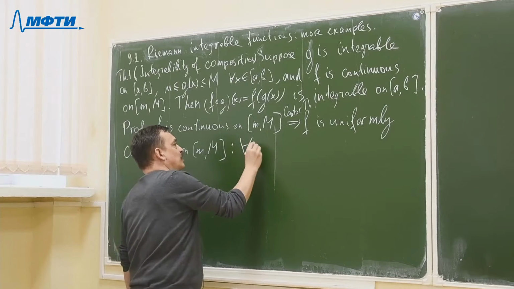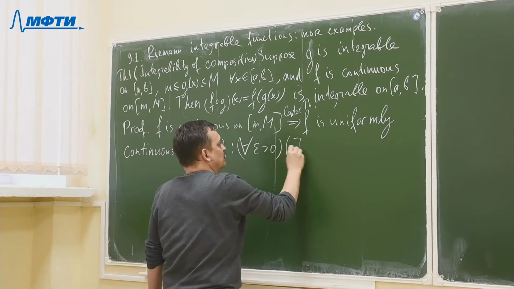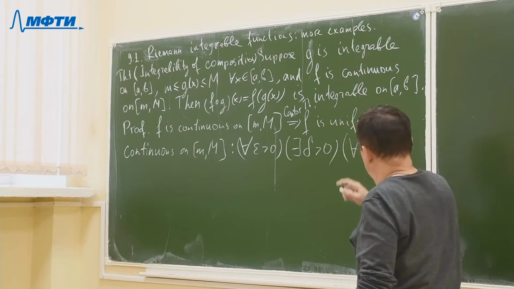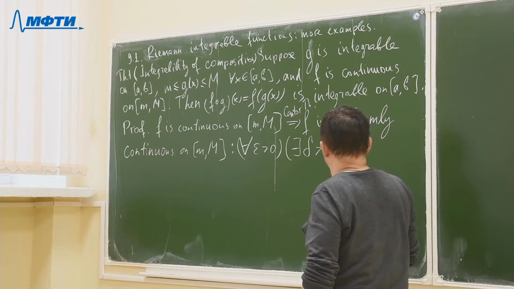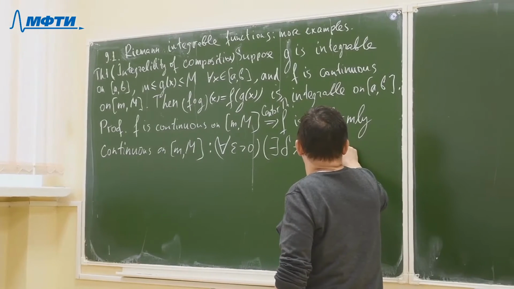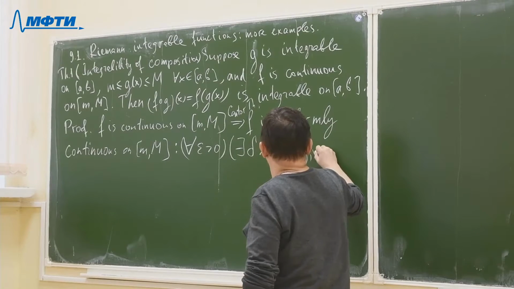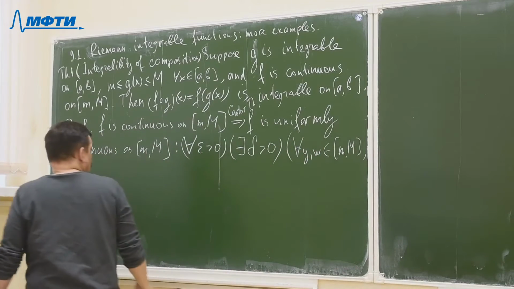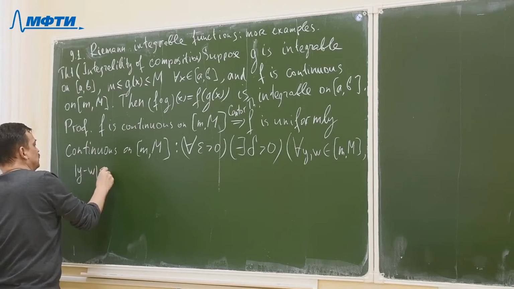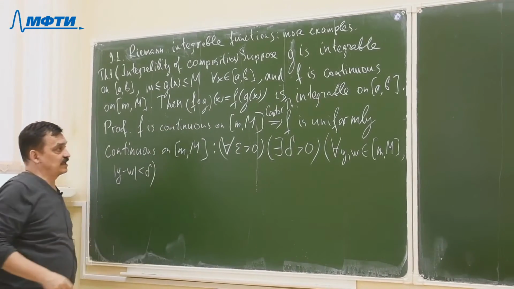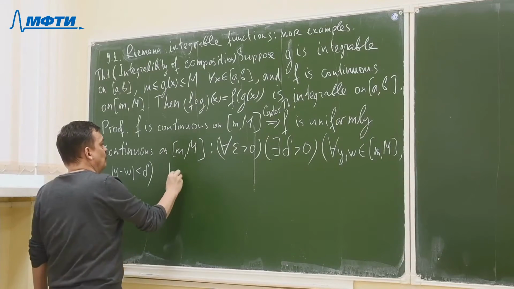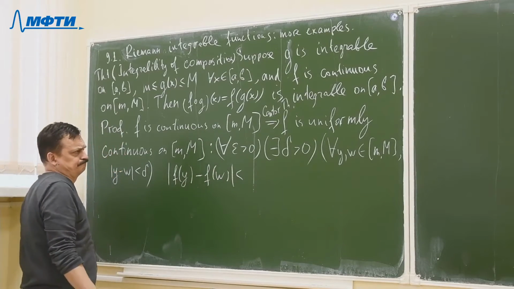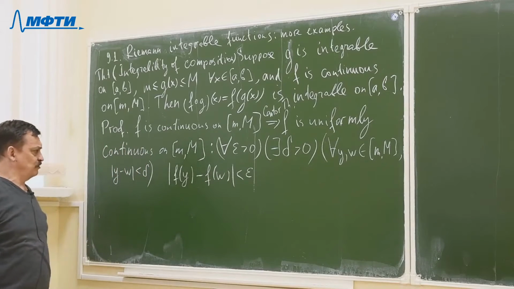It means for arbitrary epsilon greater than 0, there exists delta greater than 0, such that for all y and w in [m, M] such that |y minus w| is less than delta, the modulus of f of y minus f of w is less than, let it be epsilon for a while.